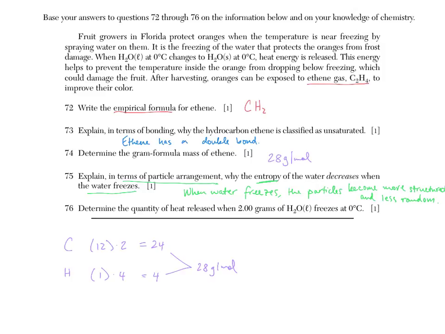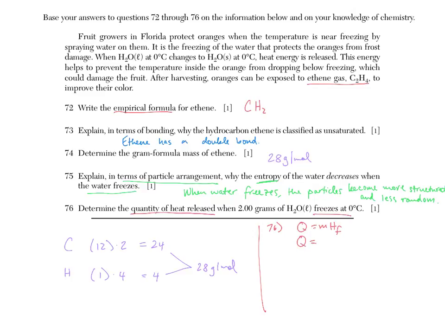Number 76, determine the quantity of heat released when 2 grams of H2O freezes at 0 degrees Celsius. So we're going to look at a phase change heat equation, and that's on Table T. That's Q equals mHf, heat of fusion, which you use when it's freezing or melting.